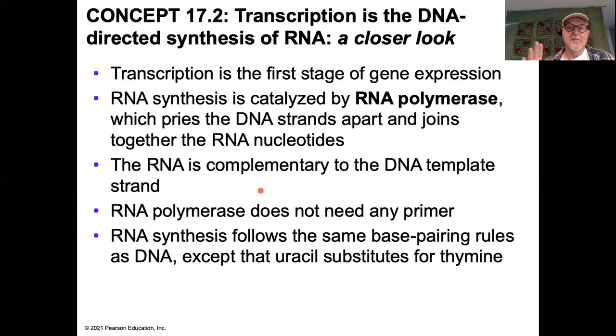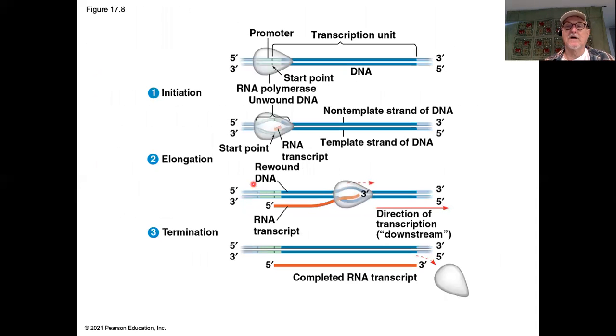The difference is that what we're actually producing is an entire RNA strand, messenger RNA, and the transcription just begins without having to lay down a primer or anything else. But other than that, the base pairing rules are the same.